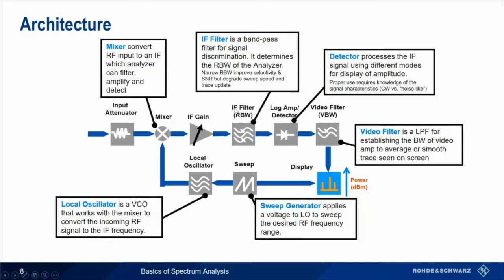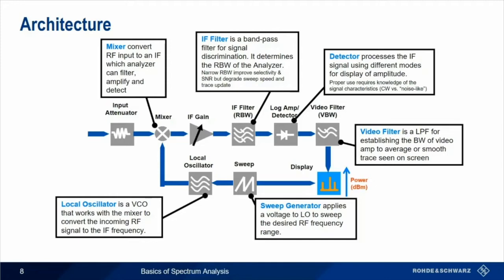The IF filter is a bandpass filter. This is where we determine the resolution bandwidth of our spectrum analyzer. And this is a pretty important feature, and we'll talk about this as we move on. But basically, a narrow RBW will improve selectivity and signal-to-noise ratio, but it's going to slow down the sweep speed and the trace update, and we'll talk about why that happens and how to balance that as we move on.